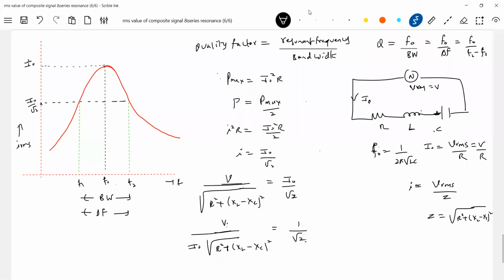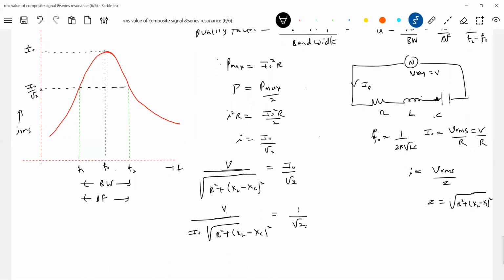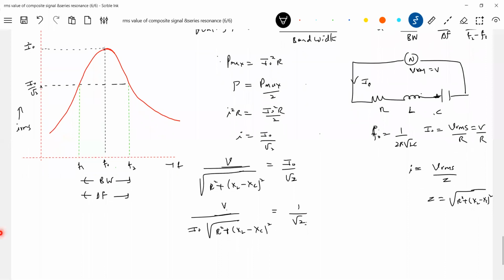Let me keep it here. So what is V by I naught? Vrms by I naught should be equal to R only, according to this equation.